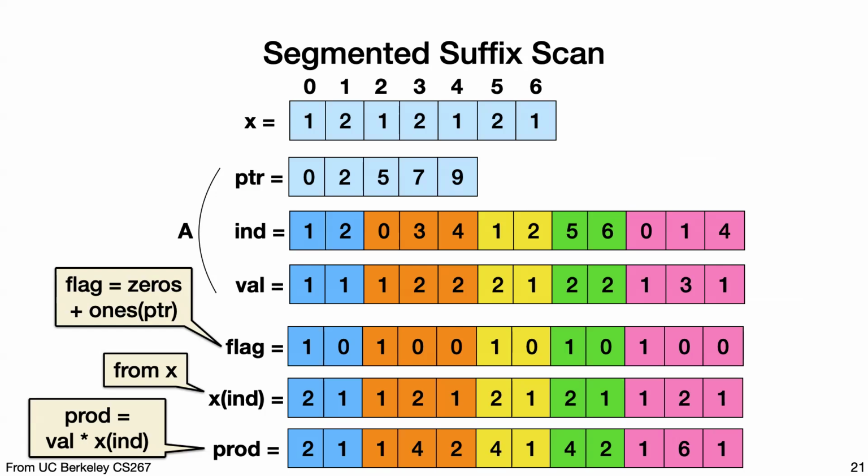With the products, you can just do this element-wise multiplication, and then to do the accumulation, you can do this segmented scan on the rows. And the last entry will be the result of the dot product.